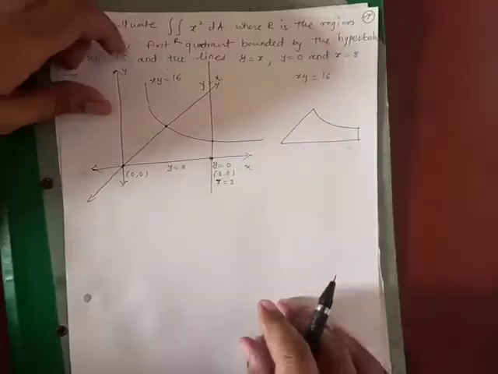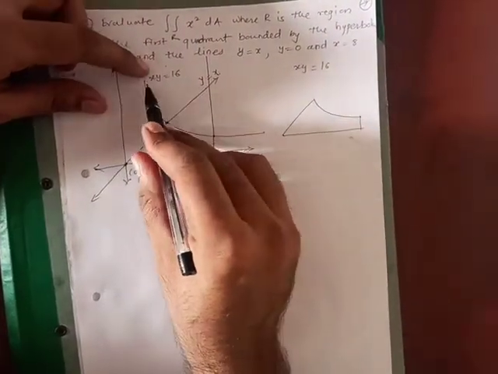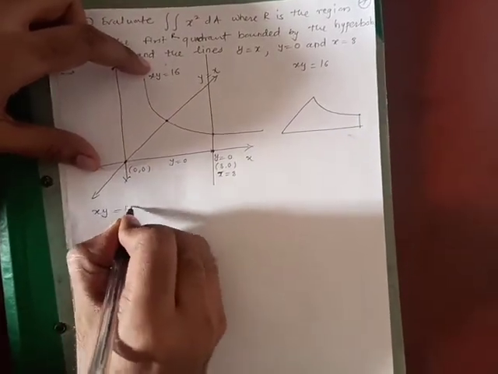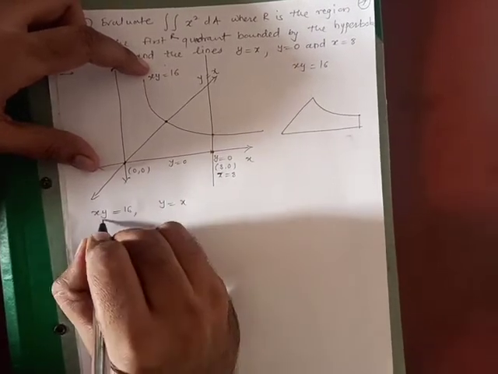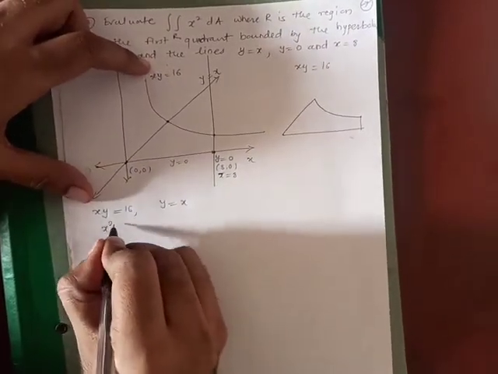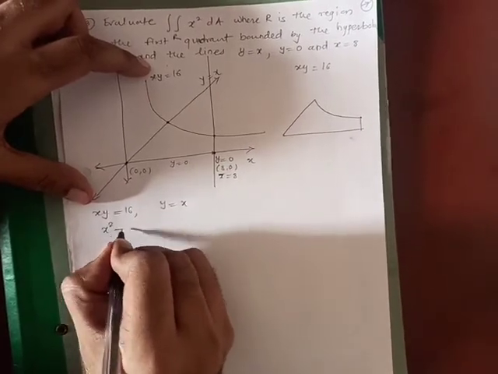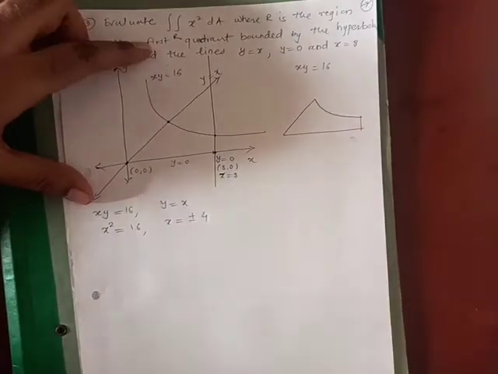We need to find the intersecting point of y is equal to x and xy is equal to 16. For that, put y is equal to x over here, so that means x into x, that is x square equal to 16. This means x is equal to plus or minus 4.